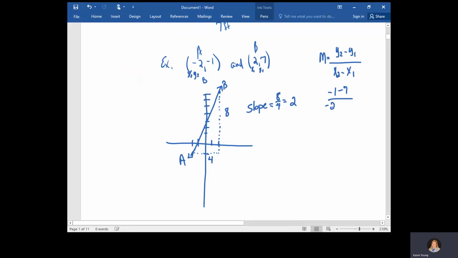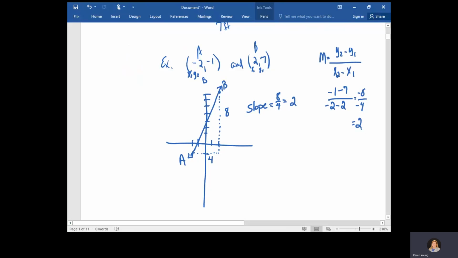X2 is -2, x1 is +2. So -2. -1 minus 7 gives me -8. -2 minus 2 gives me -4. -8 divided by -4 gives me a +2.